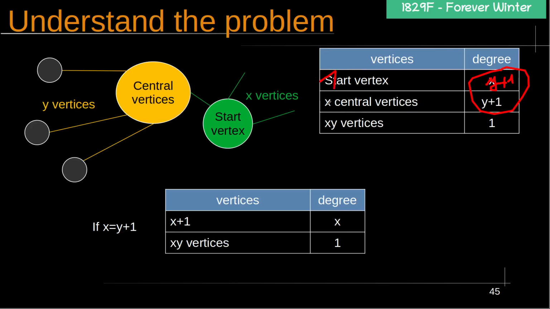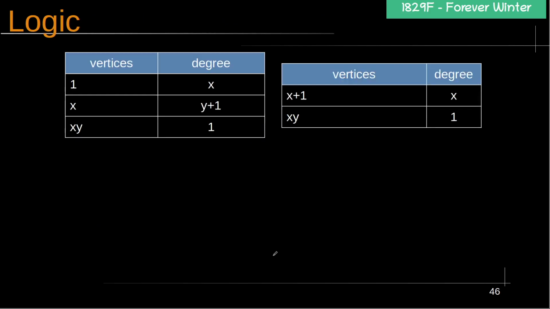So x plus 1 vertices of degree y plus 1. So the problem now is reduced to compute the number of vertices, how many vertices have a certain degree, x or y plus 1 or 1 or x and 1.